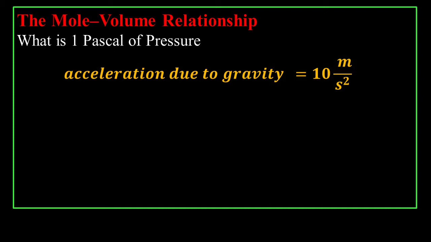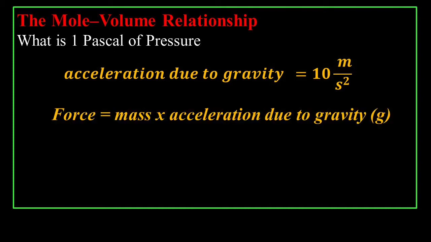Okay, that's a constant. So if I'm standing on the ground, I'm accelerating 10 meters per second squared. Regardless of if you're moving or not, that's what you're going to be doing. Okay, now force. Force is mass times the acceleration due to gravity.